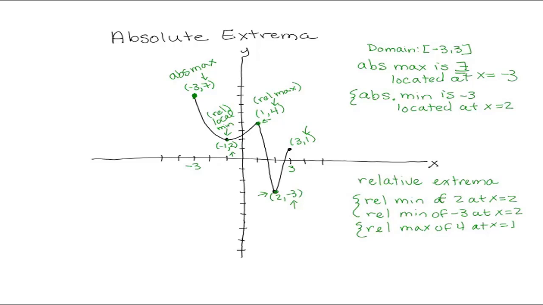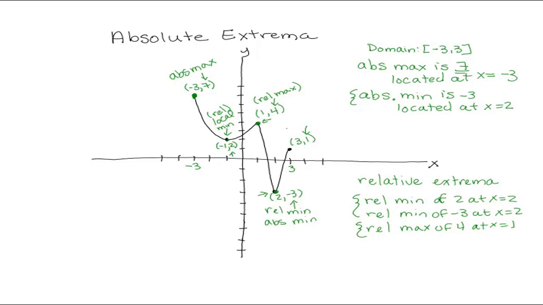This next point is a relative min and the global min, or absolute min, of the function, so it's both. And this last point is, well, it's nothing actually. There's nothing interesting about that last point. It's just an endpoint of the function. It's neither a relative max, nor a relative min, nor a global max, nor a global min. It's just a point along the function.